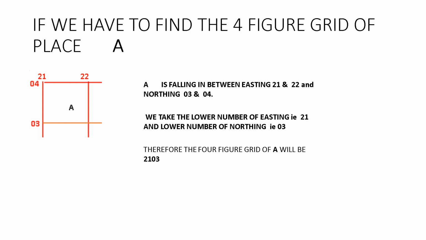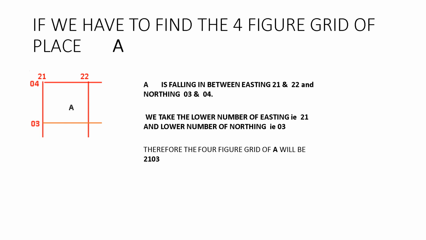So here what you have to do is, suppose you have to find the four-figure grid of station A. Identify the two eastings between which A falls. In this case, it falls between 21 and 22. Circle the lower number, that is 21.